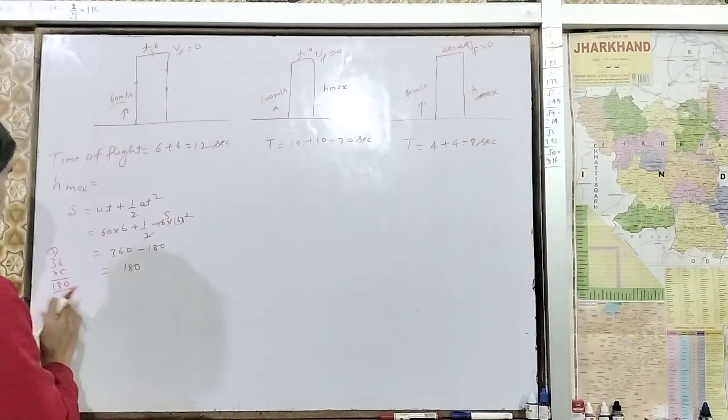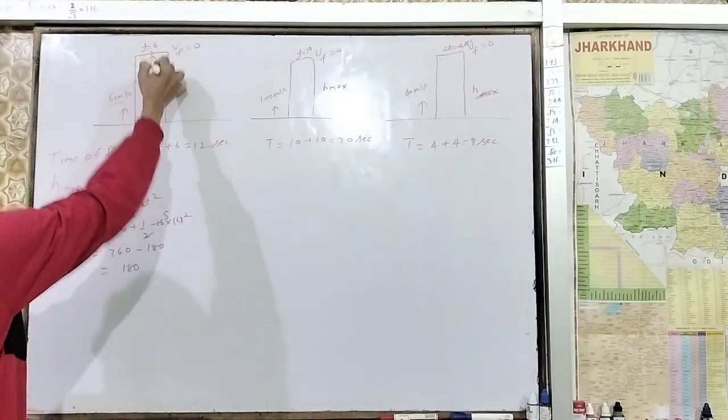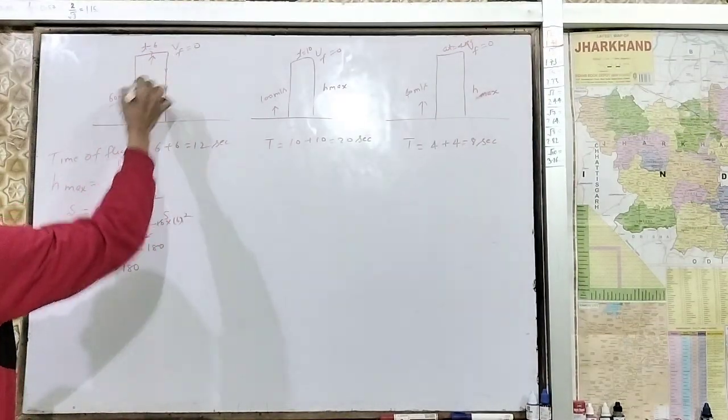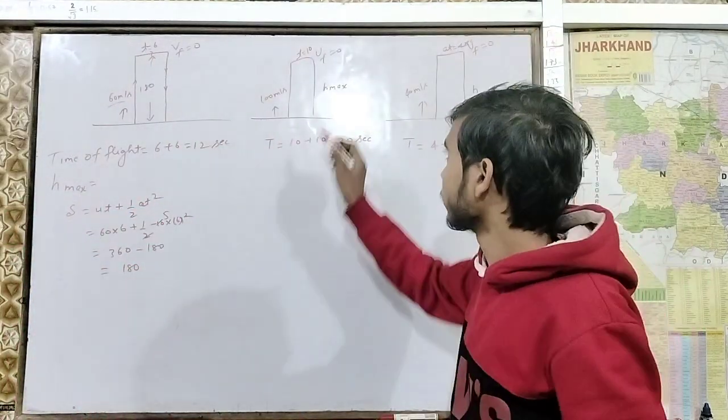Our answer is coming 180. So displacement from here till here is 180. Same we will do with this.